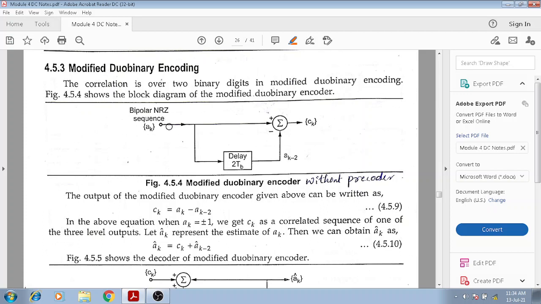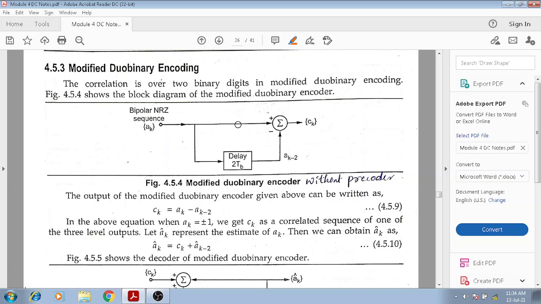So binary 1 is converted into level +1 and 0 is converted into level -1, and this two level sequence having +1 and -1 is given to this modified DO binary encoder.